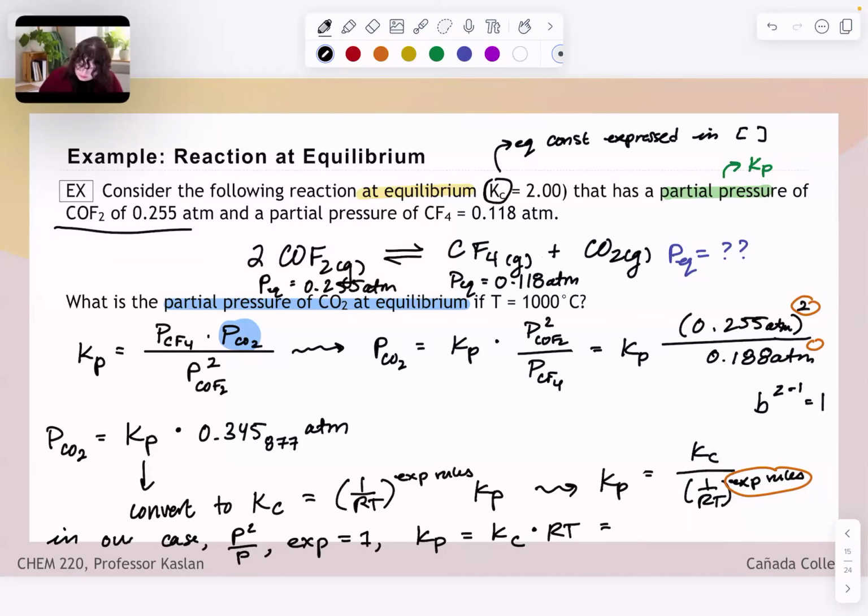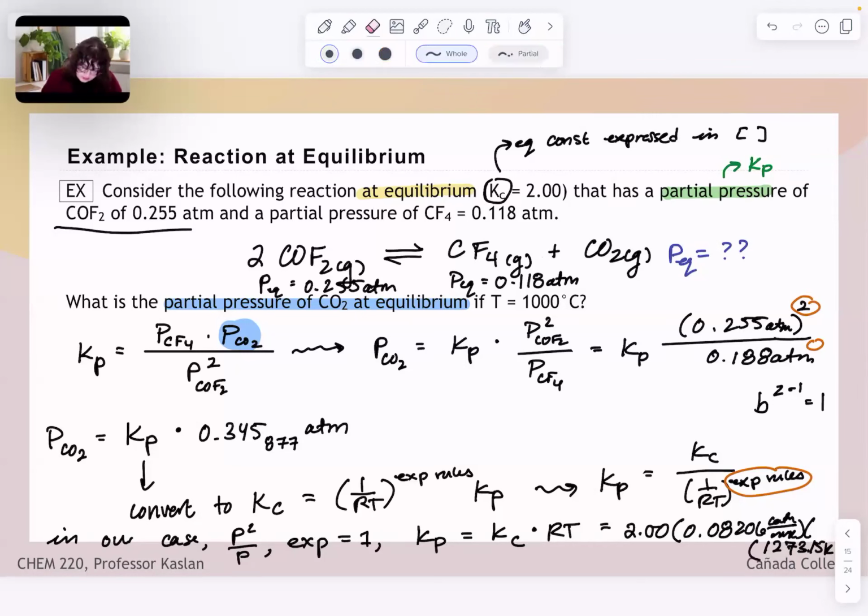So that's going to be our Kc of 2.00 times our R, 0.08206 liter atmospheres per mole Kelvin, times our temperature, which needs to be in Kelvin. We were given our temperature of 1,000 degrees, add 273.15. So this is times 1,273.15 Kelvin.